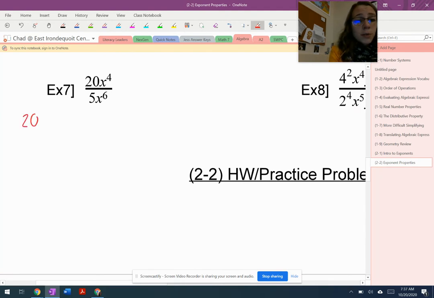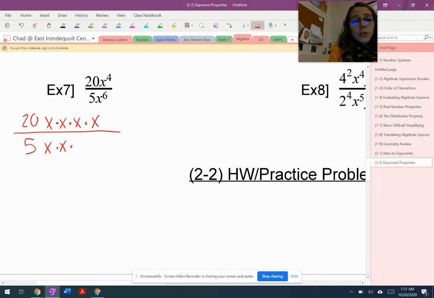So we have 20 divided by 5, x times x times x times x, 1, 2, 3, 4, 5, 6. And so this is an important example where you're going to want to use this expansion rule because I don't want any negative exponents. Negative exponents are a big no-no. So 20 and 5 here are both divisible by 5.